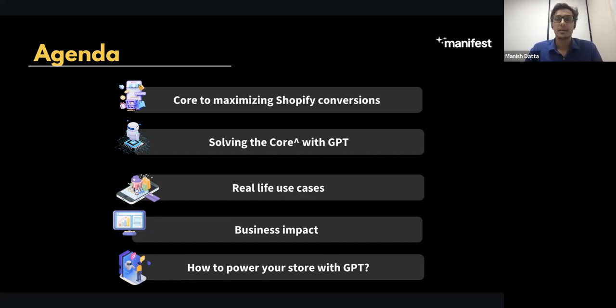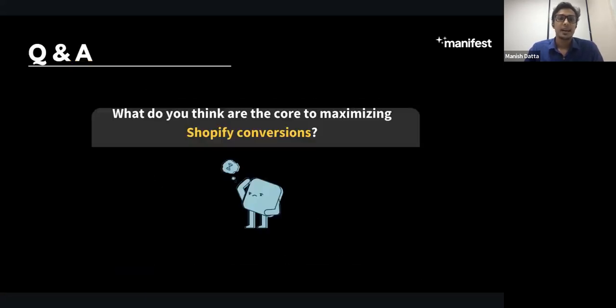After that, we'll come to the most interesting part, which I love the most: a few real-life use cases about how other brands are using AI to increase the conversions on their store. Ultimately, we'll end with the business impact for you. What is in this for you? What do you have to benefit from this? And how can you also power your store with GPT? So, without further ado, let's get started.